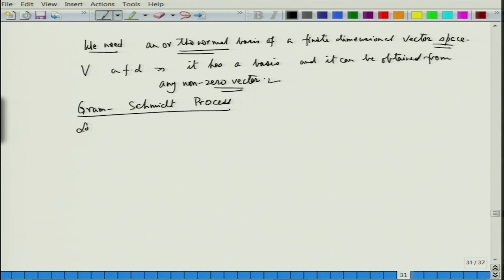Let S is equal to {U1, U2, ..., Un} be any linearly independent set.